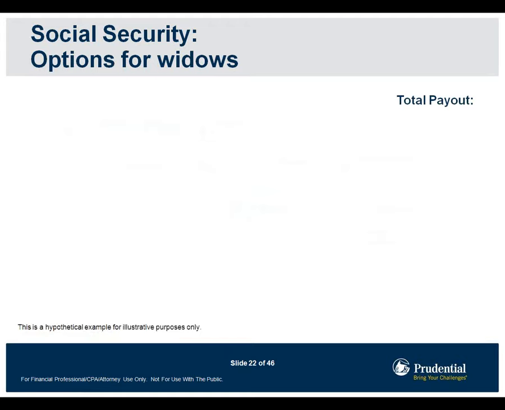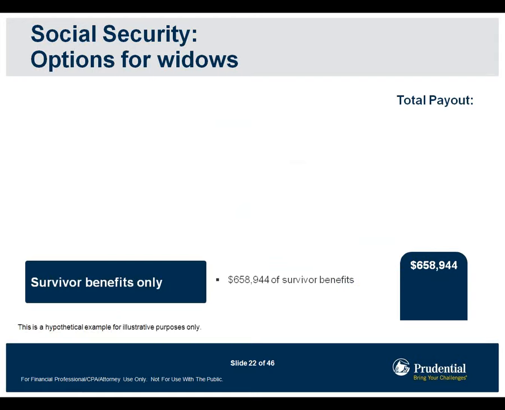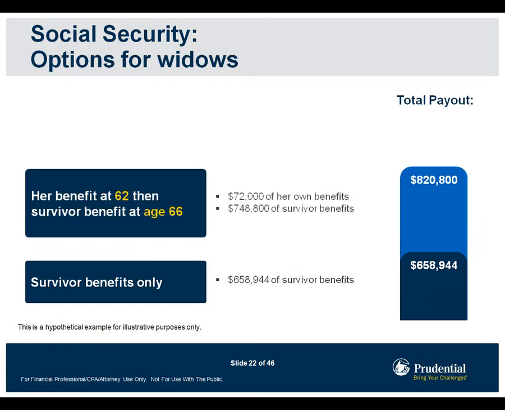If she took the survivor benefit early and only the survivor benefit over her lifetime, she's going to receive $659,000. If she took her benefit at age 62 and then at her full retirement age switched to the survivor benefit, she'll receive $748,000.